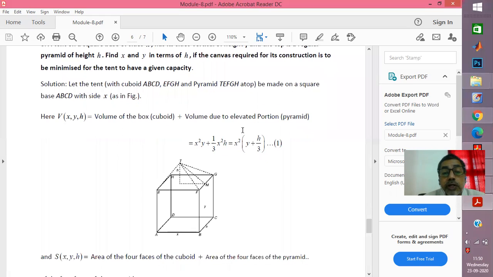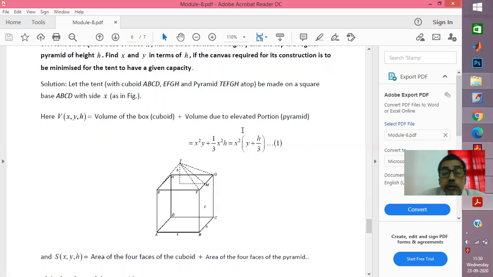So what is very important is to build the objective function. So if you take the rectangular part of the tent, then it is L into B into H, that is x into x into y, that is x square y, plus the volume of the pyramid on top will be 1/3 area of the base into height.